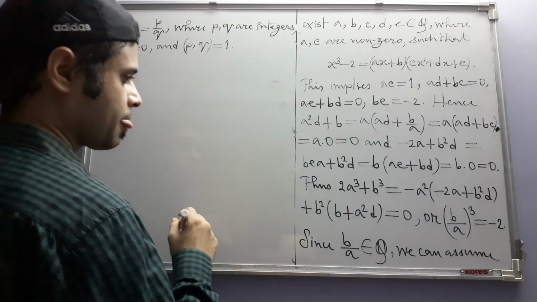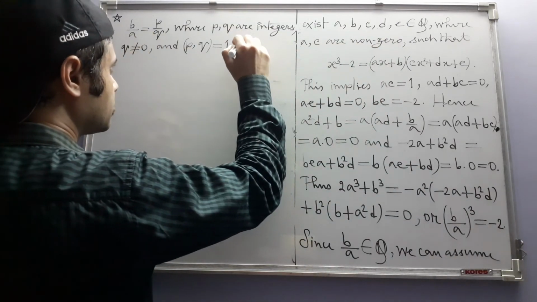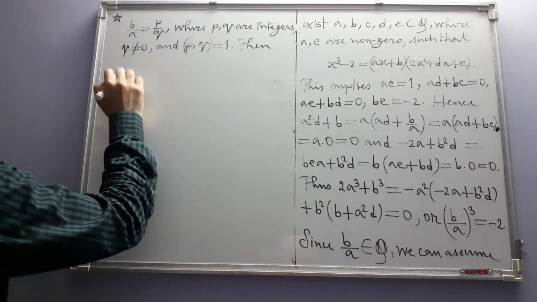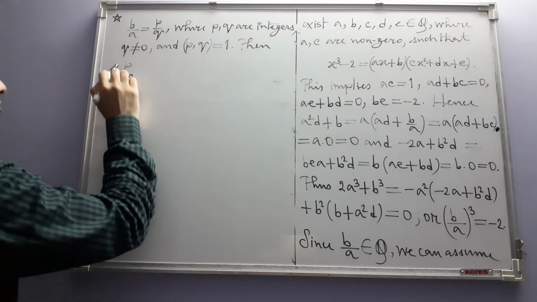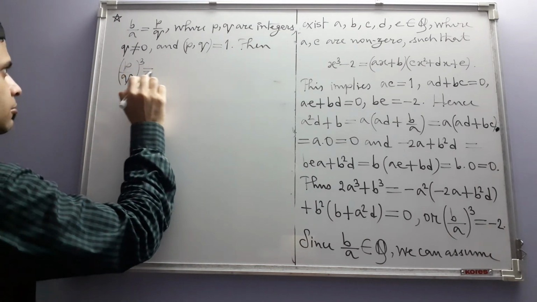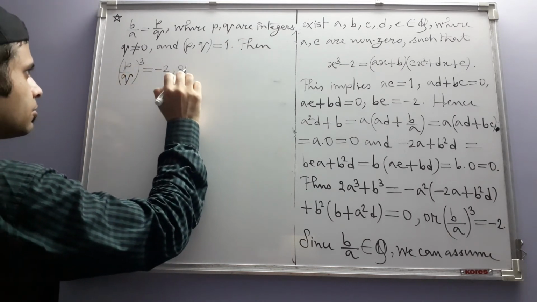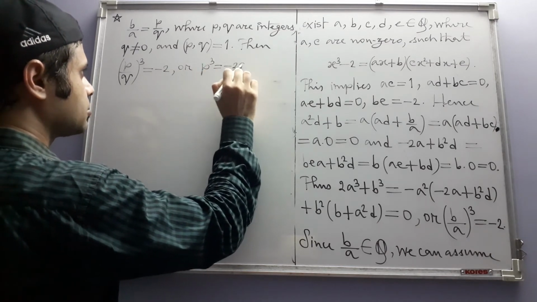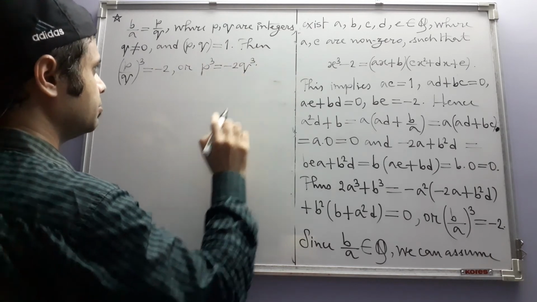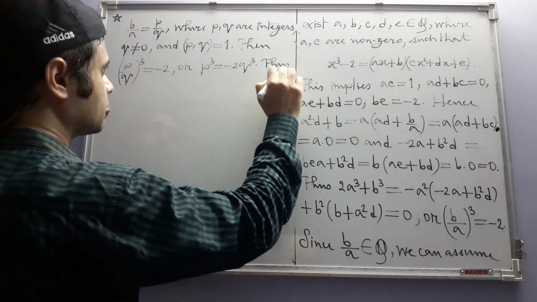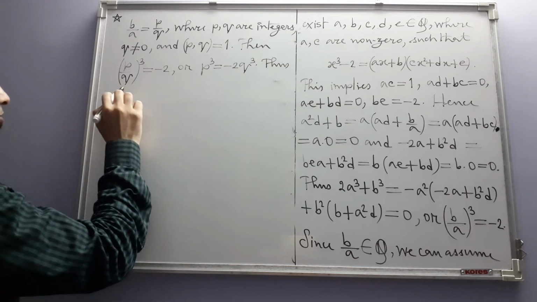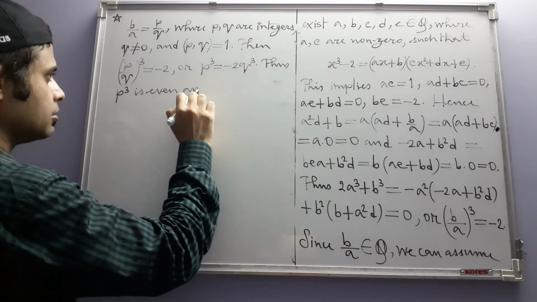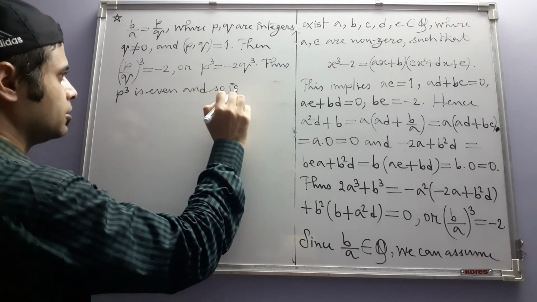Okay. Then if we substitute these things here, then we will get -2 or p cube equal to -2 q cube. Thus p cube is even and so is p.